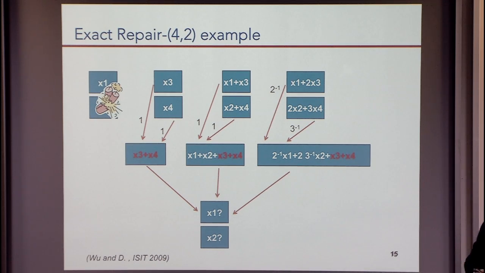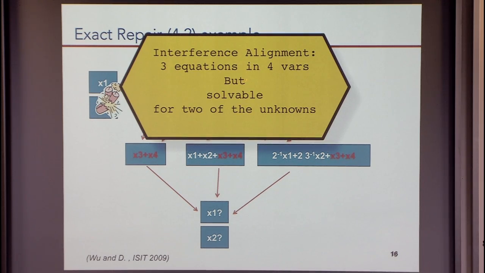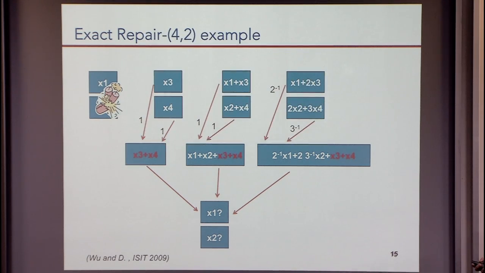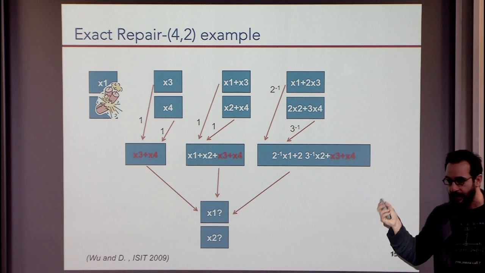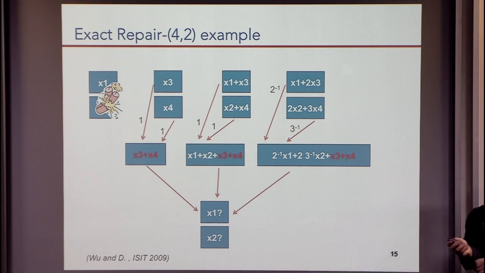Okay? So this is interference alignment, 3 equations in 4 variables that are solvable for 2 of the unknowns. Okay? So now I was able to repair a 4,2 MDS code by communicating 1.5 symbols, as I promised to you.